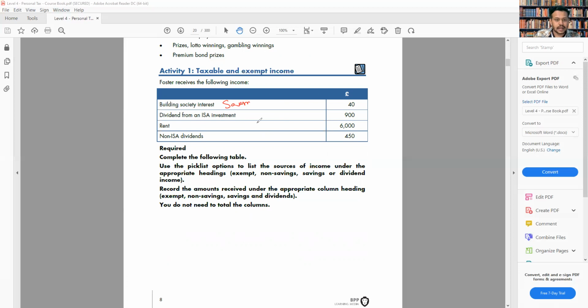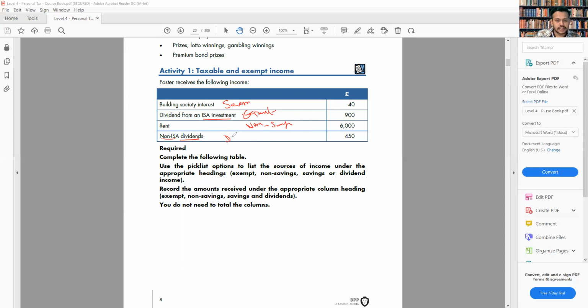This is our exempt income, because we know ISA investment is exempted. Rent is 6,000. This is non-savings income. Rent, employment income, property income, all of these are non-savings income. Non-ISA dividend, this is 450, and this is dividend income.